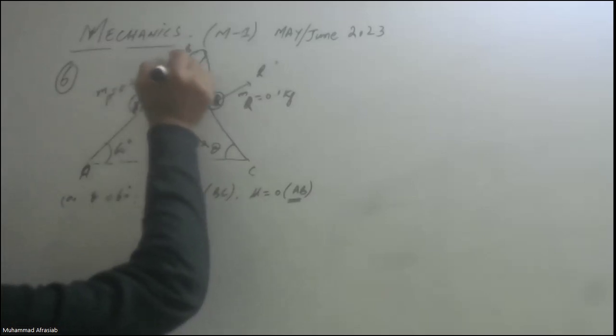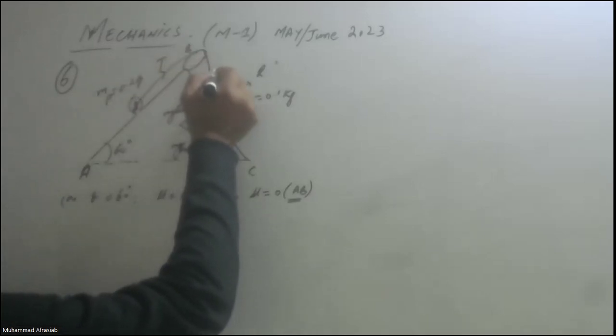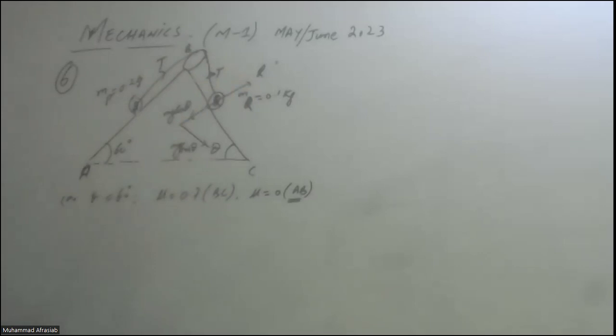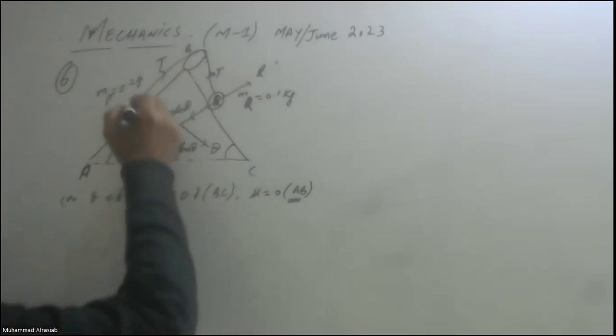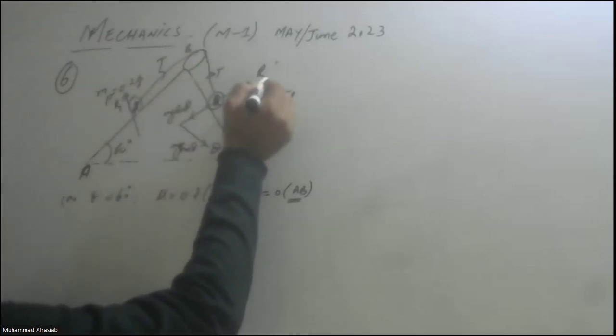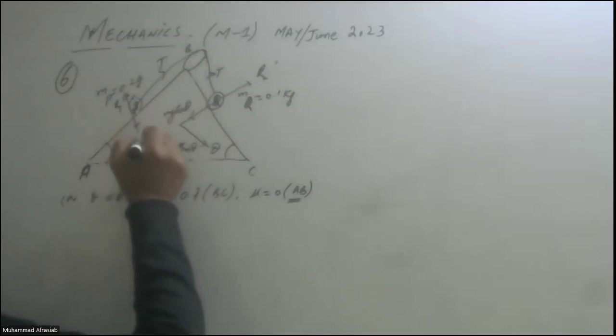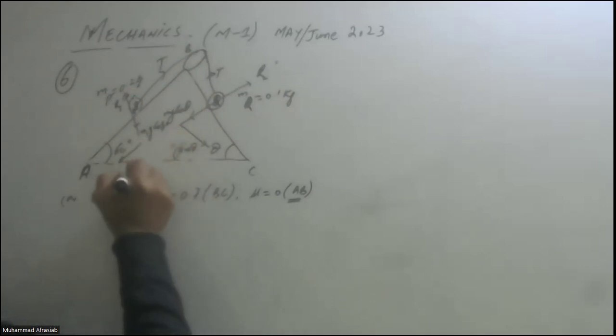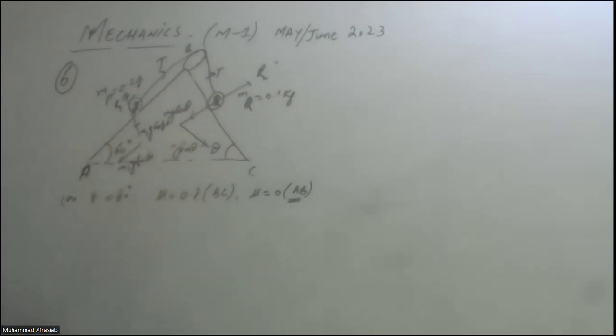This tension is the same as this tension, directed towards each other and of equal magnitude. This is R1, this is, let's say, R2, this is M1G cos 60, and this one is M1G sine 60.